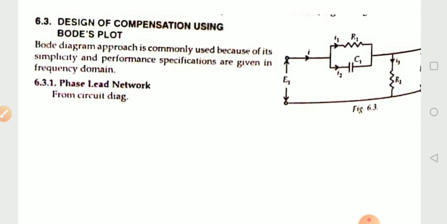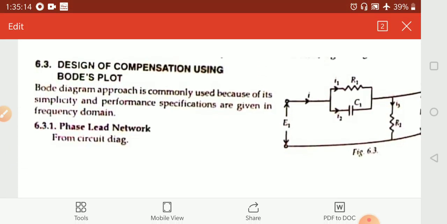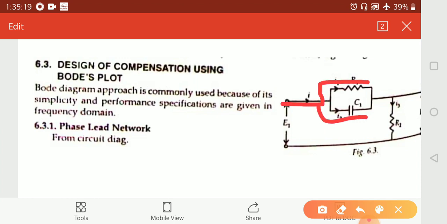In the resistance the current is I1, and in the capacitor the current is I2. We also have a second resistance R2, and the current flowing in this branch is I3. Now for solving it, the current goes here as I1 and I2.